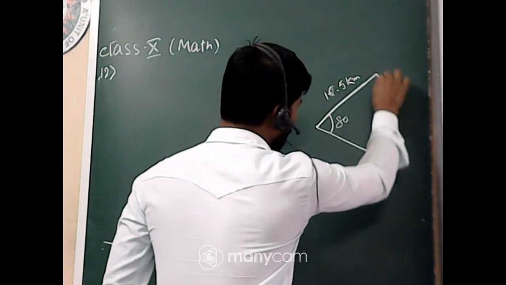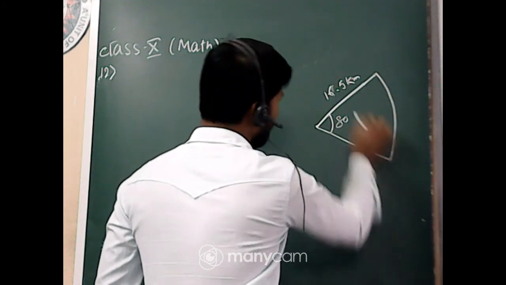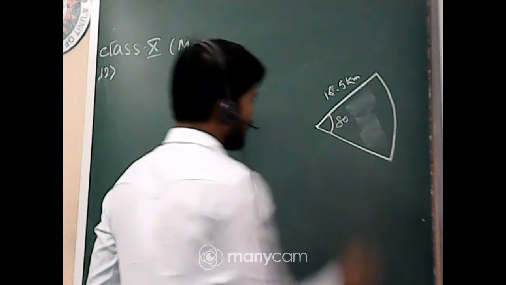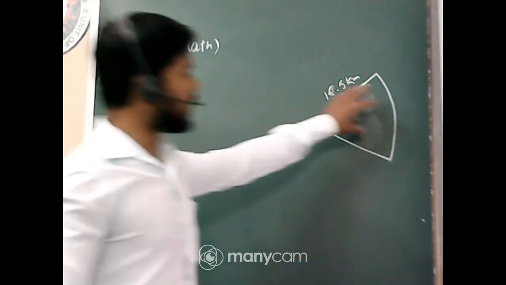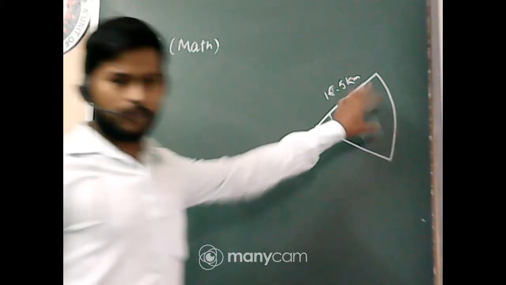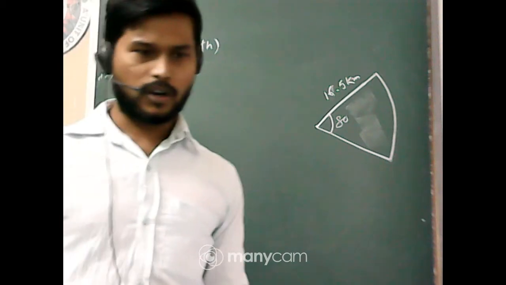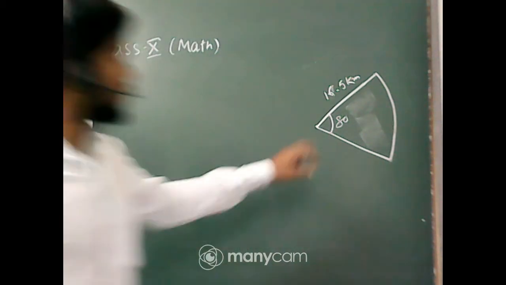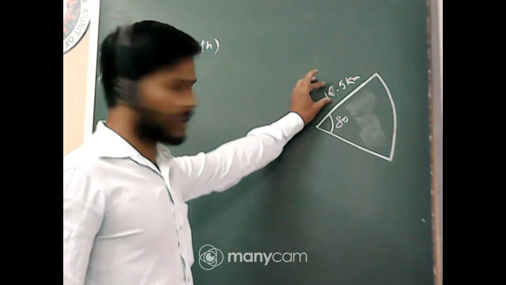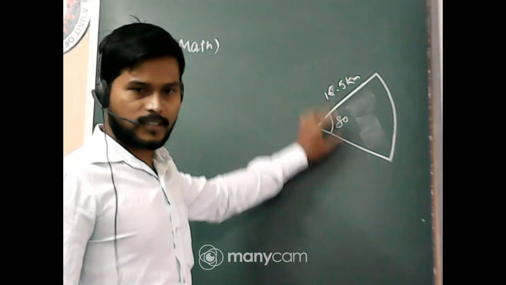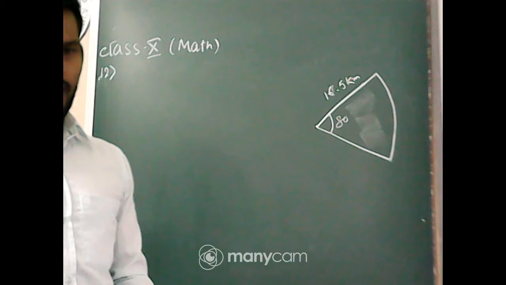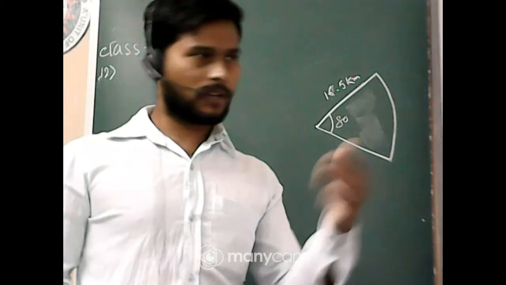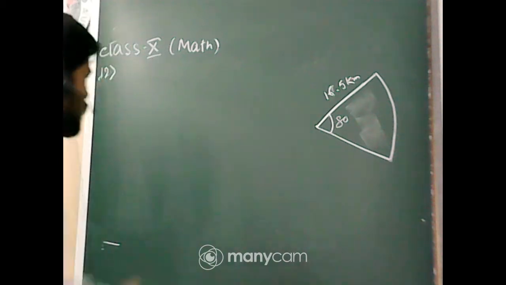So we have to find the area covered by this light, which means the area of this portion. Obviously this is a sector of a circle whose area we have to find. The central angle and the radius are both given, so we just put them into the formula theta by 360 into pi r square to get the area of this sector. Okay, so let's do it.